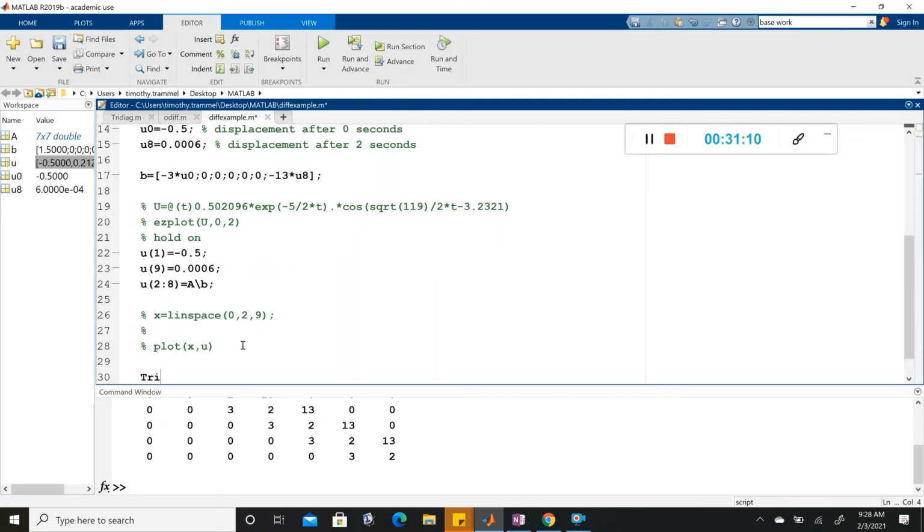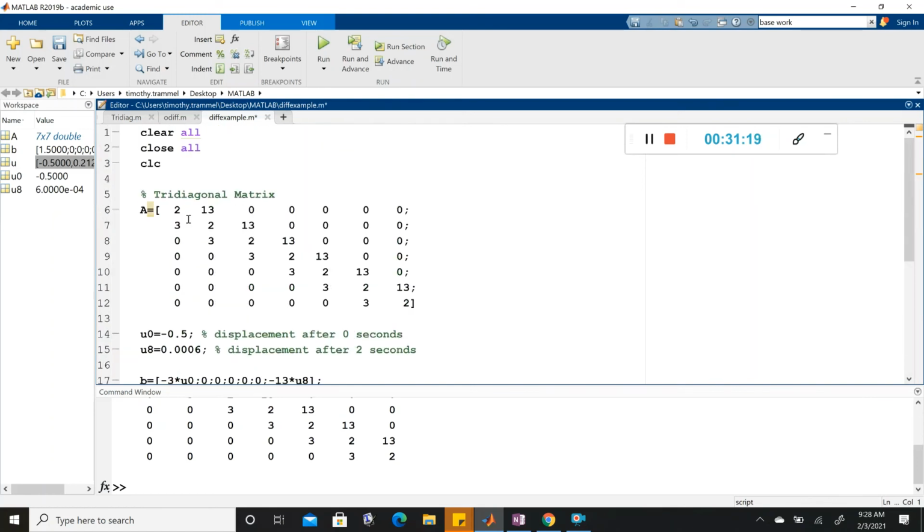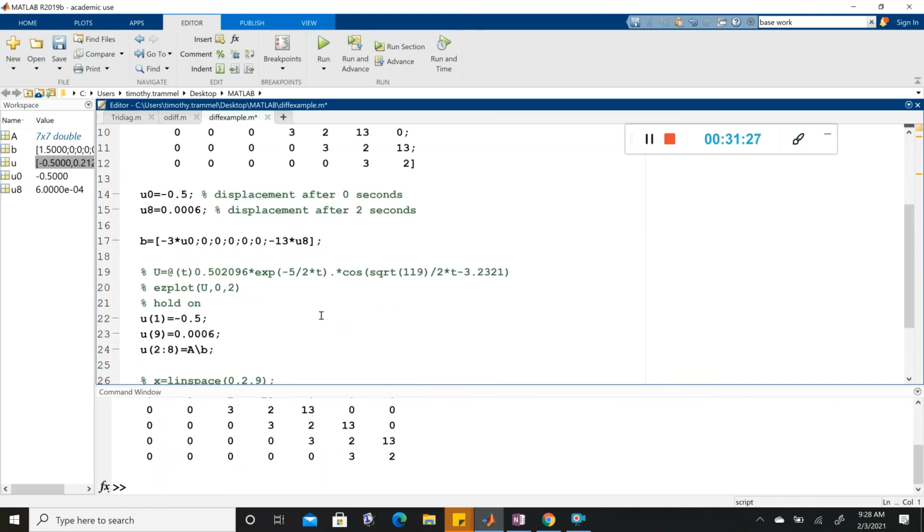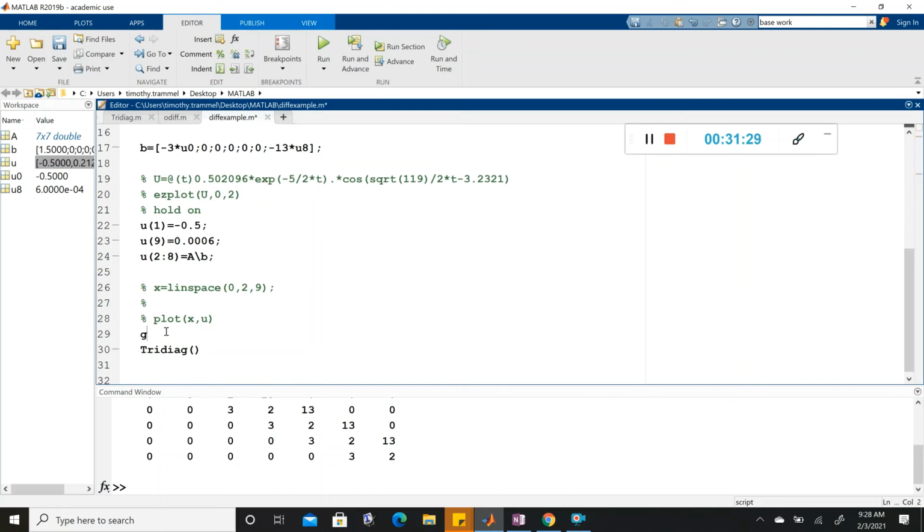So try tridiag, and we need to input some vectors here. Let's start off with G. Let's just go ahead and type these in.